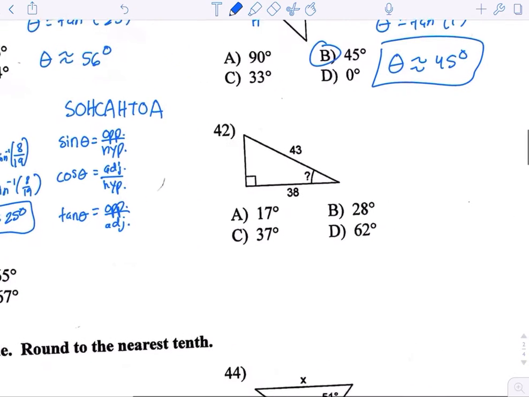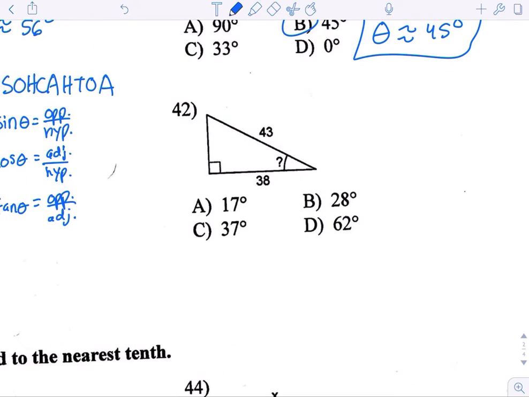Okay, last one for this set of problems. Theta. Label everything: opposite, hypotenuse, adjacent. There is information at A and H, so adjacent and hypotenuse, so that's cosine theta is equal to adjacent over hypotenuse, 38 over 43. Now, to isolate our theta, we have to take the cosine inverse of both sides.